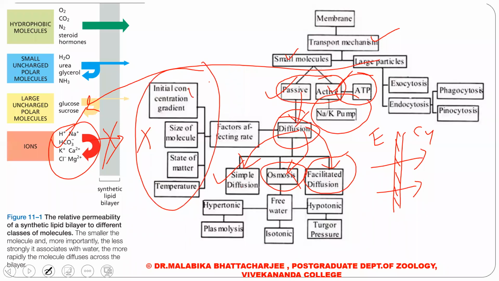Diffusion is dependent on the initial concentration gradient. The greater the concentration gradient, the faster diffusion can take place through biological membranes. The size of the molecule, this we discussed: the smaller the size, the faster it can move through the membrane. State of matter, whether it is gas or solid, is important. And then temperature.